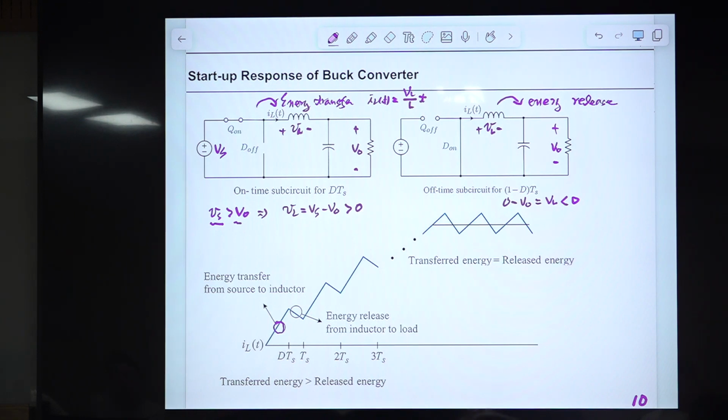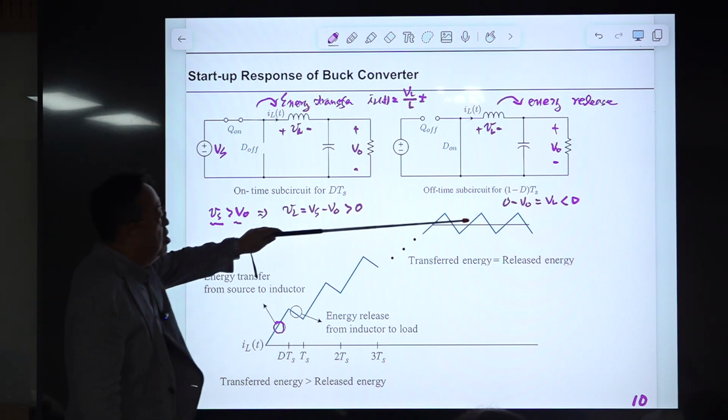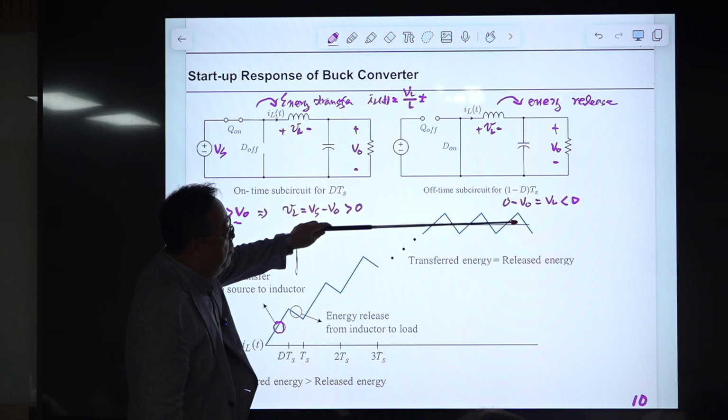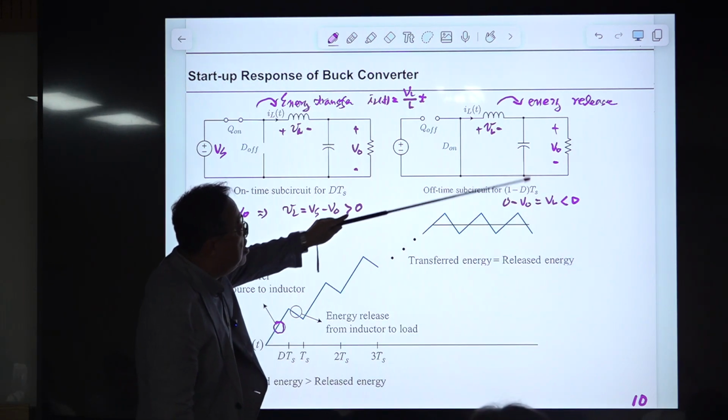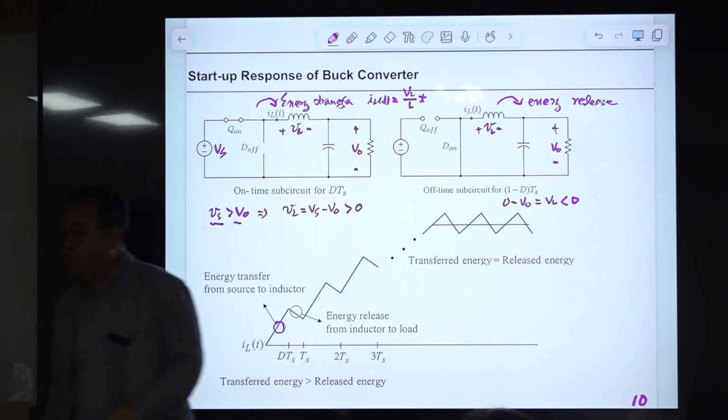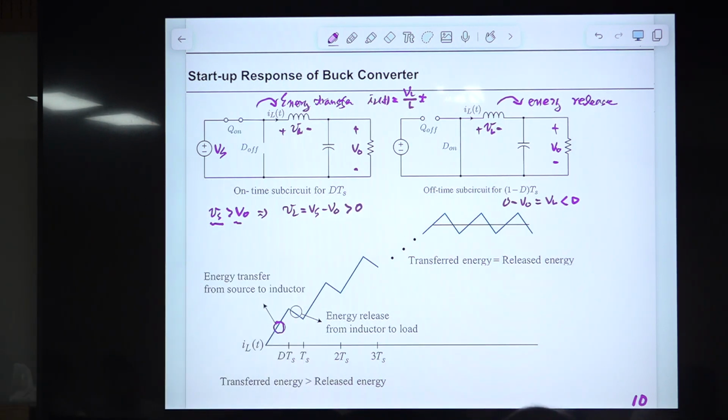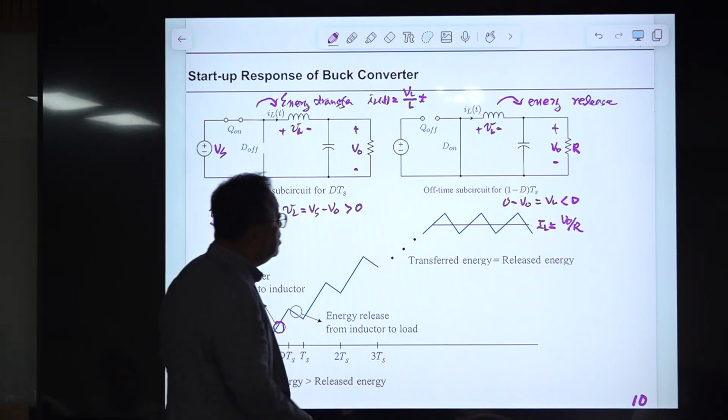One thing here is that the average value of the inductor current in the steady state is the steady state output voltage divided by load resistor R. The average value of this triangular inductor current is VO divided by R. We will prove this in the next slide.